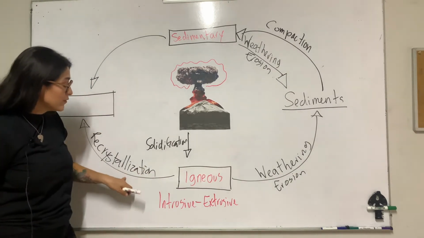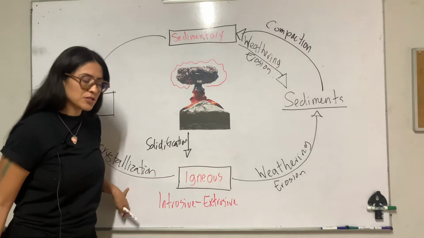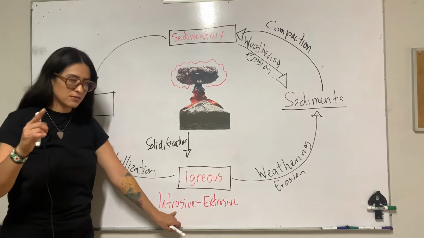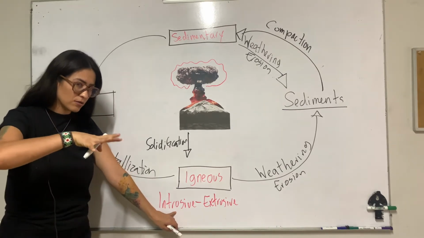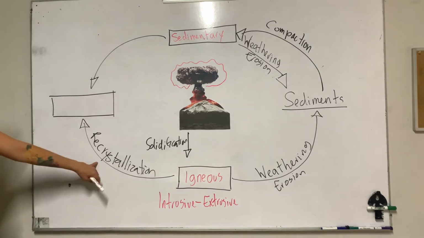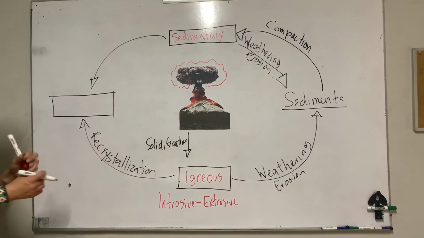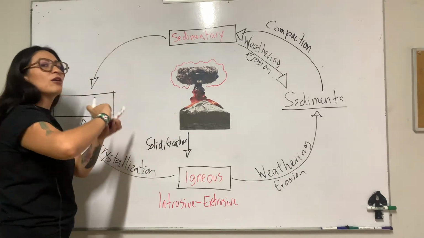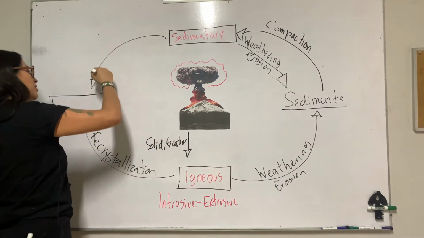So if you apply a lot of pressure and a lot of heat, that's why it's very common with intrusive igneous rocks, the ones that are inside the crust. The minerals from the rock are going to start crystallizing. They are going to change the composition. They are going to form a new thing.